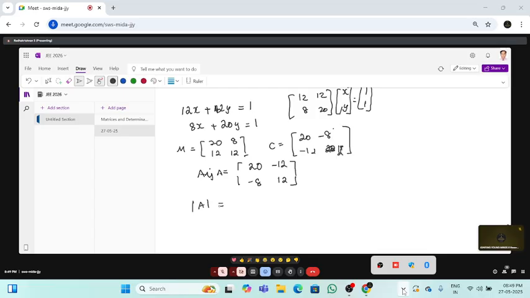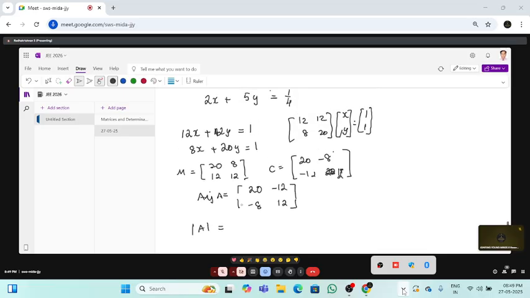The determinant of A is, I will take this A matrix into its cofactor matrix. First row of A matrix and first row of cofactor matrix, you can multiply. 12 into 20, 240 minus 96, will be 144.